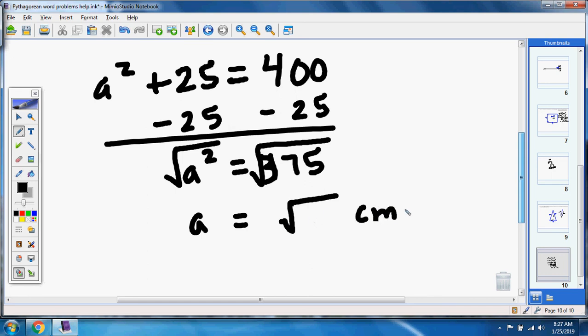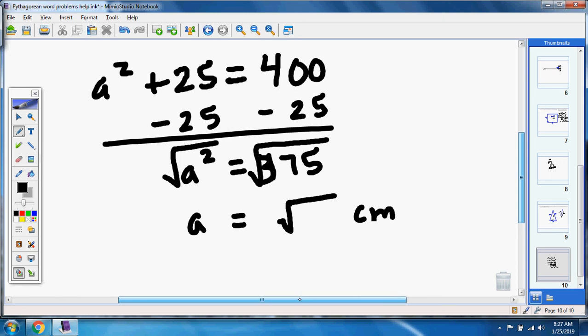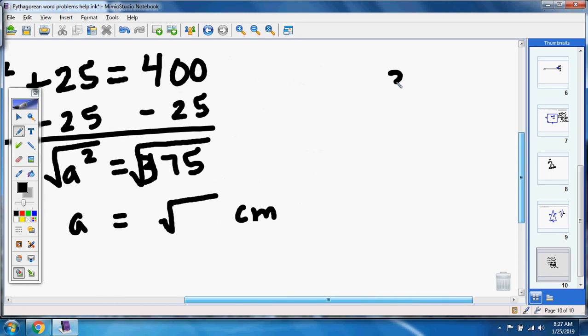So what we're going to do, again, is our factor tree. So I'll give you a moment while I go cry in the corner, and you do your factor tree.